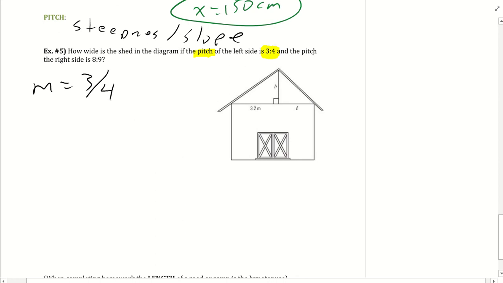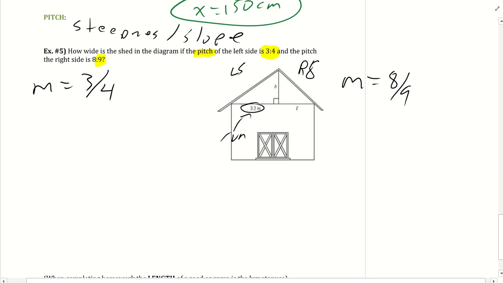That's the pitch on one side, and that's the left side. This would be left side, this would be right side. You need to use that information. The right side has 8 over 9, so my slope on my right side would be 8 over 9. You could use this information because here you can see you'd have a little bit of run.